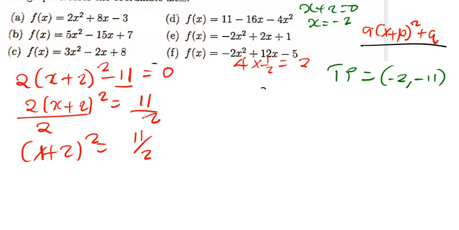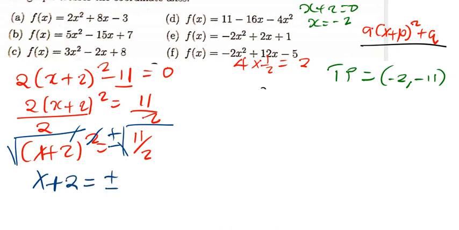To find the value of x, you can take the square root of both sides. When I take the square root here and the square root there, I need to put plus or minus. So the square and the root cancel out, and I'll have x plus 2 is equal to plus or minus the square root of 11 divided by 2.